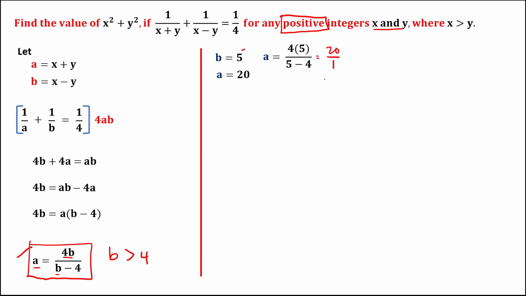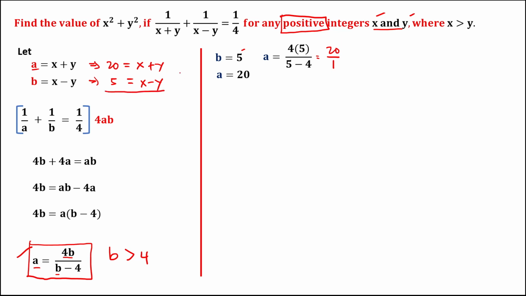Then to check if these values will give positive integers for x and y, from this equation, a is 20 equals x plus y. Then b is 5 equals x minus y.